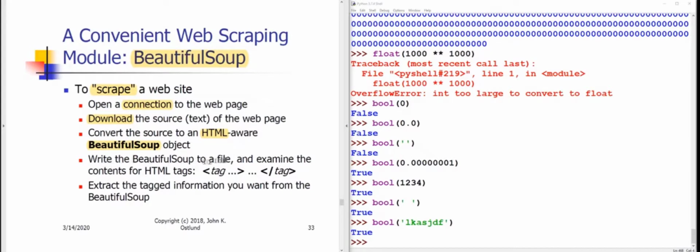Now, before we start trying to pick apart that HTML and pull data out of it, it's very important to store that Beautiful Soup object into a file that you can then just look at with a reasonably powerful text editor to get an understanding of the structure of that HTML.